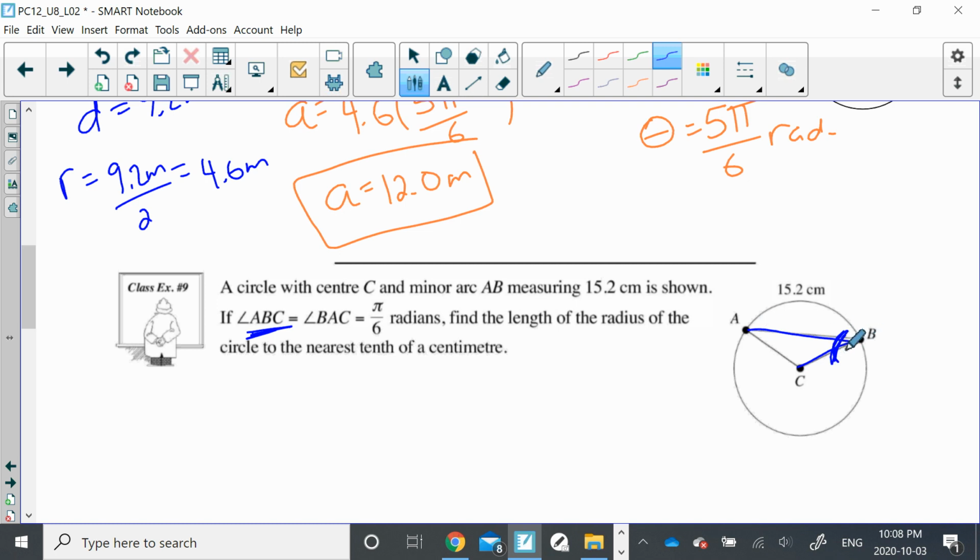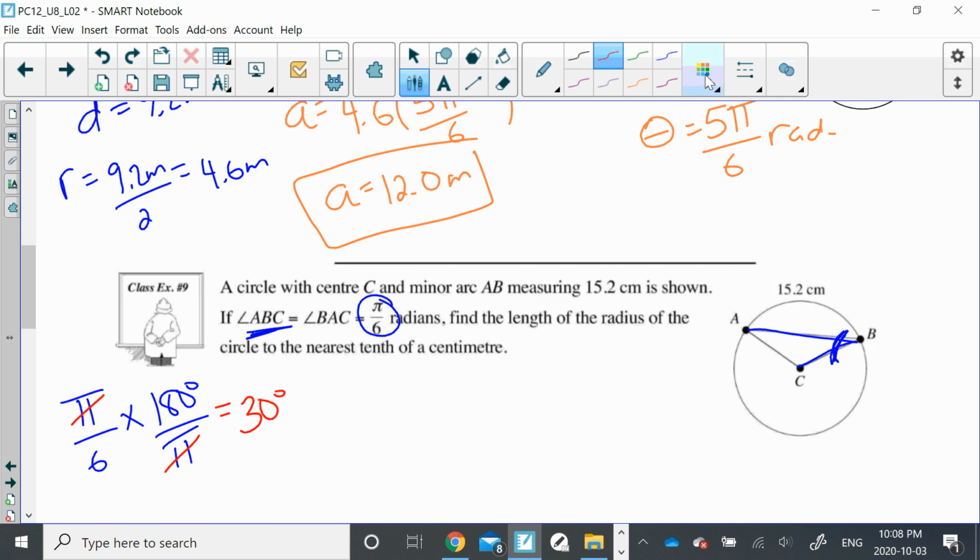So angle ABC, they're telling me that's pi over 6 radians. I'm going to think about this in degrees for now. So pi over 6 radians times 180 degrees over pi. Pi and pi would cancel, and 180 degrees divided by 6 is equal to 30 degrees.